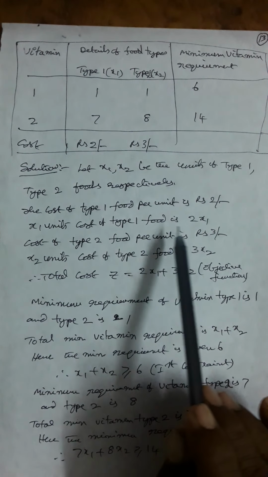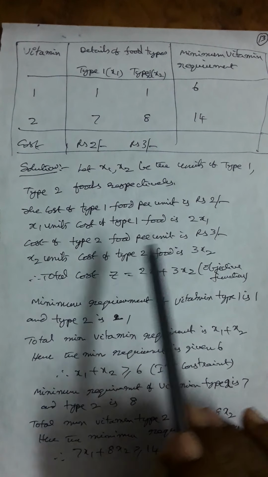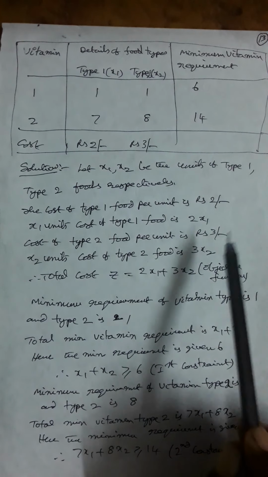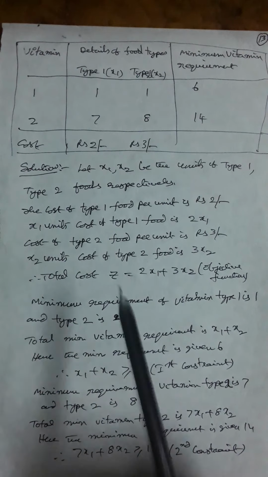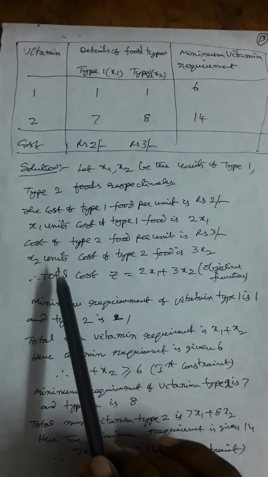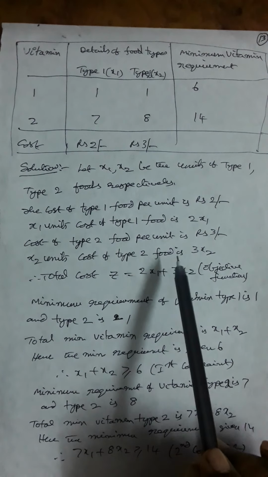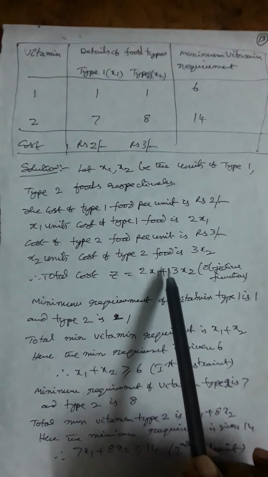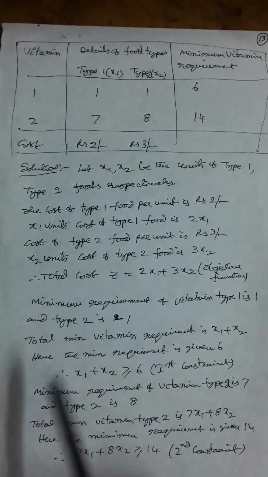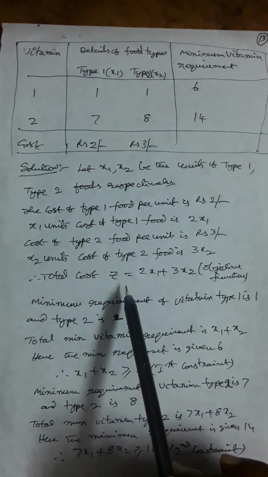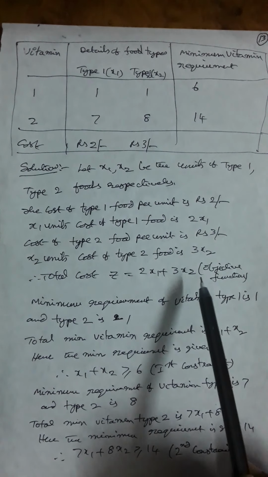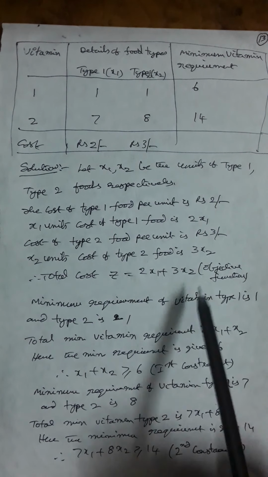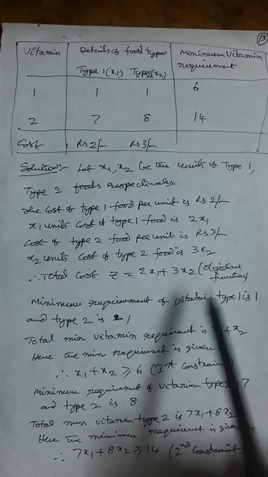So 1 unit of food is 2 rupees, x1 units, x1 into 2, 2x1. The cost of type 2 food per unit is rupees 3. x2 units of type 2 food cost 3x2. So total cost Z is equal to 2x1 plus 3x2. This is our objective function.